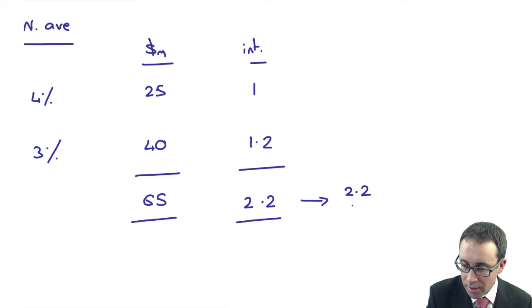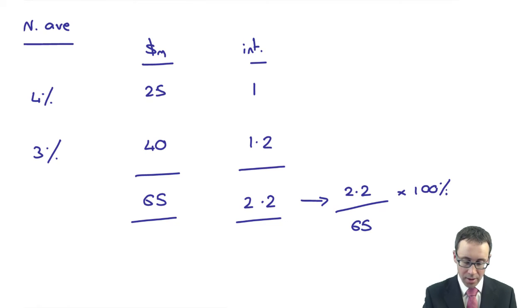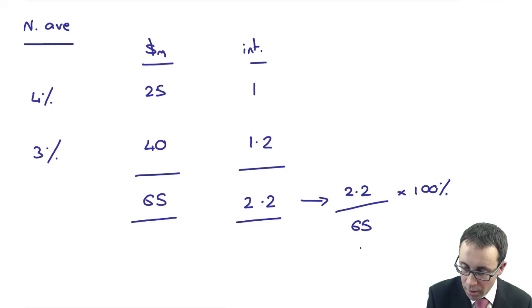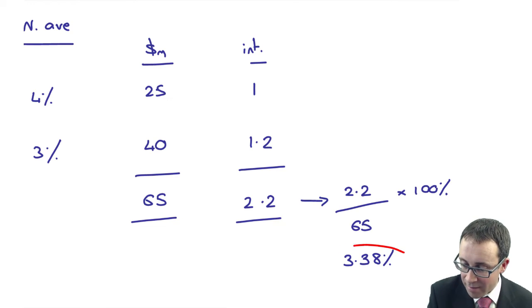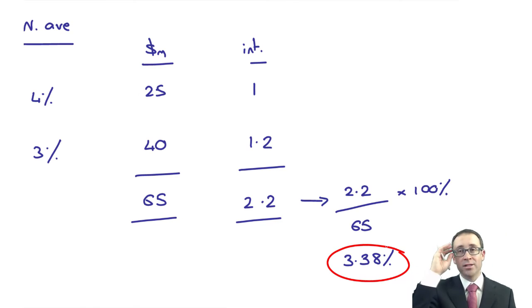So 2.2 interest divided by 65, multiplied by 100%, works out at 3.38%. That's the weighted average that I would then apply to the amount of borrowings that I took out.